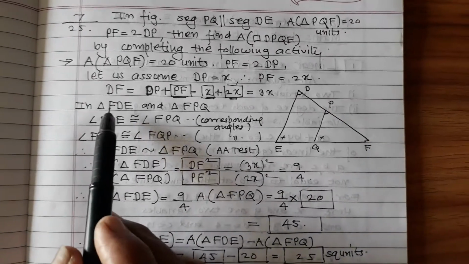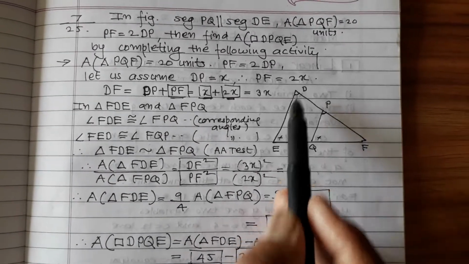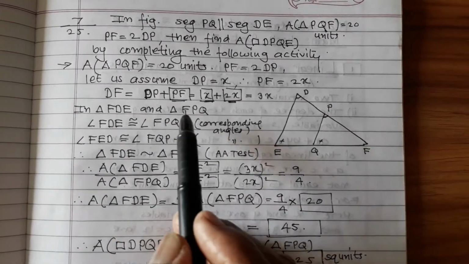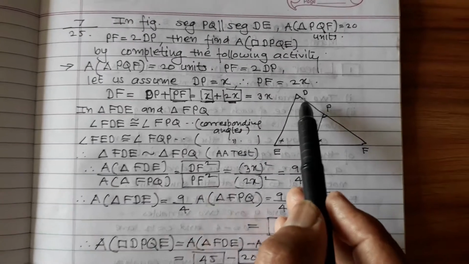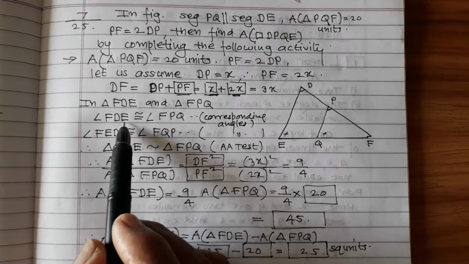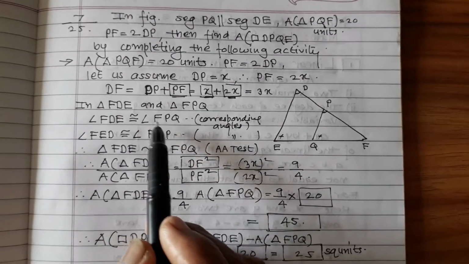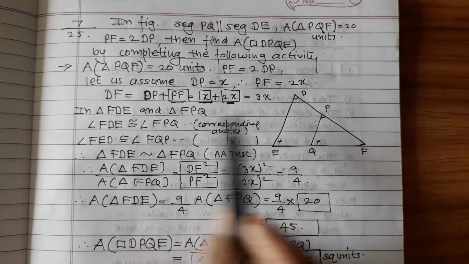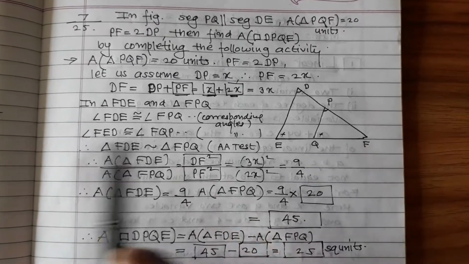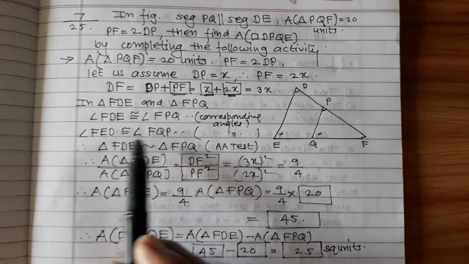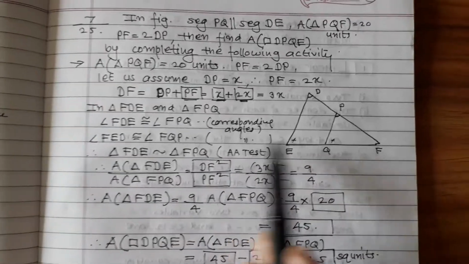Now in triangle FDE, this large triangle, and triangle FPQ, angle FDE is congruent to angle FPQ, these are corresponding angles. Similarly, angle FED is congruent to angle FQP, corresponding angles.